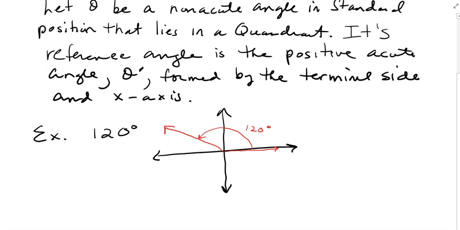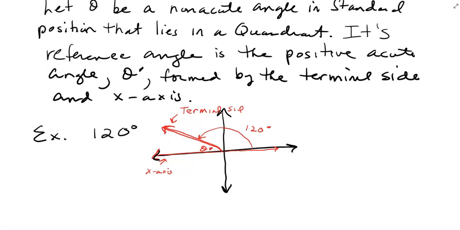So according to the definition, the reference angle, theta prime, is formed by the terminal side, which is right here, and the x-axis. So it's right here. We can get the degree for that reference angle.